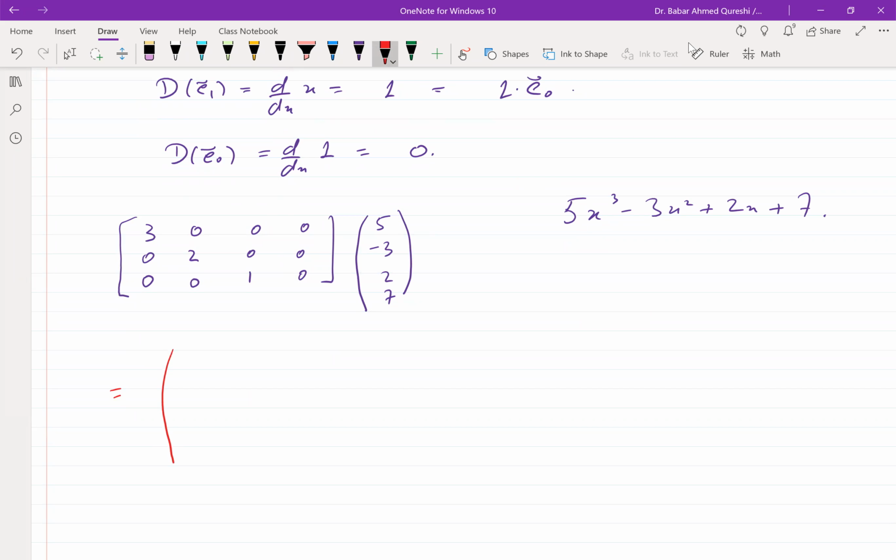And you can see you get 15, minus 6, 2, and that's it. That's exactly what you get if you take the derivative. This is a polynomial in P3.